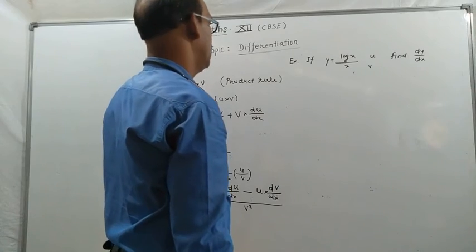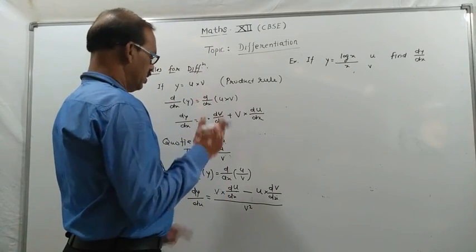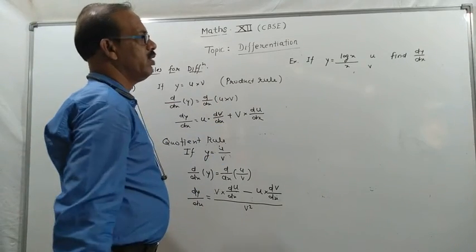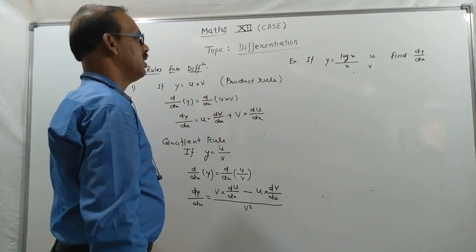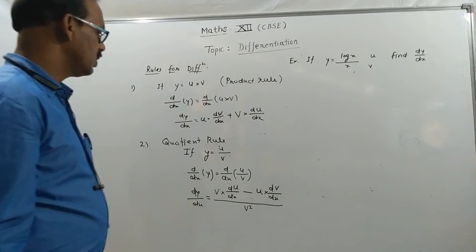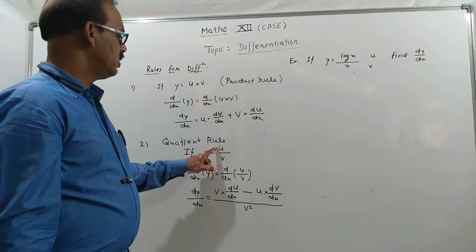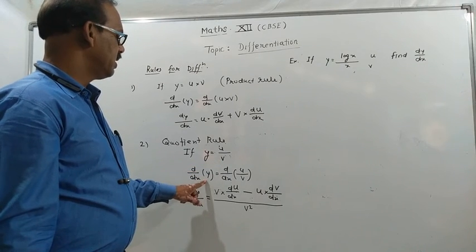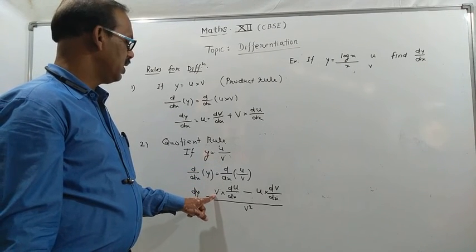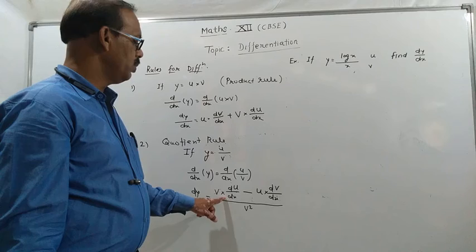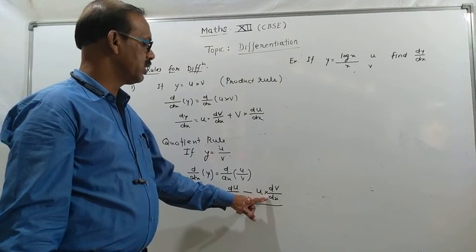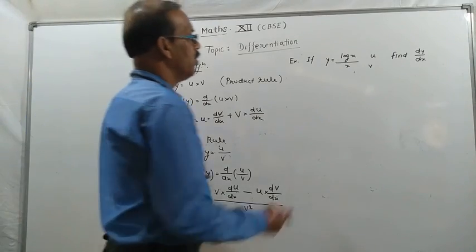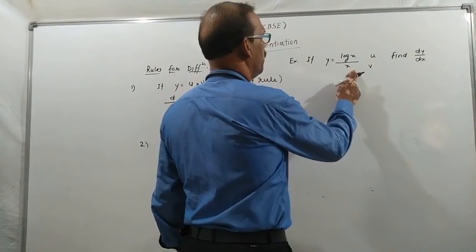Now we apply the quotient rule to find the derivative of y is equal to log x by x. We know the quotient rule is, if y is equal to u by v, then its derivative is given by denominator as it is into derivative of numerator minus numerator as it is into derivative of denominator, by v square. Now, this is the numerator, this is the denominator.